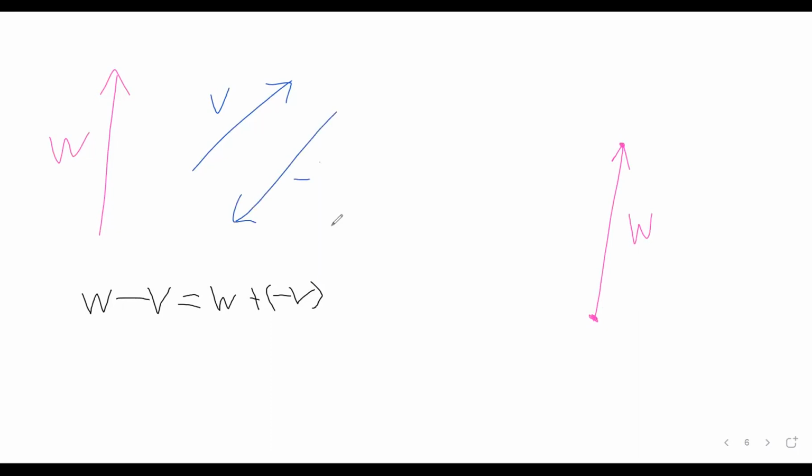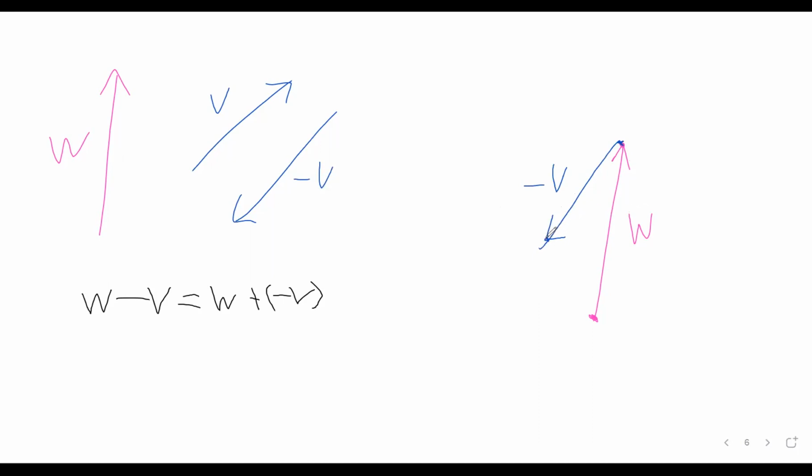And so you want to add negative V to that vector. And so you attach it to the terminal point of V, and now you're adding the vector negative V to W. You're taking the initial point of negative V to be the terminal point of V.